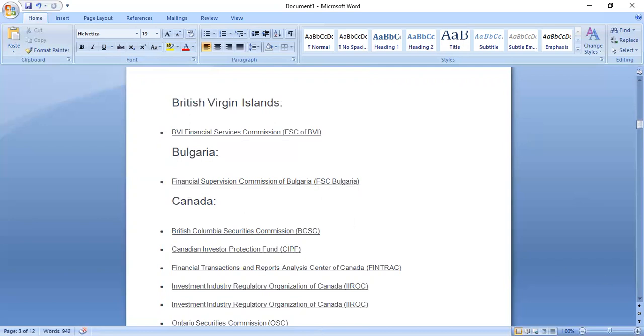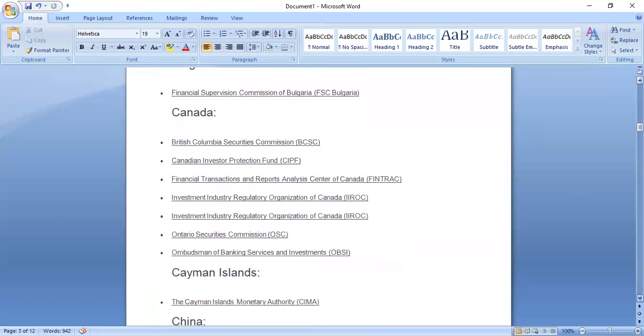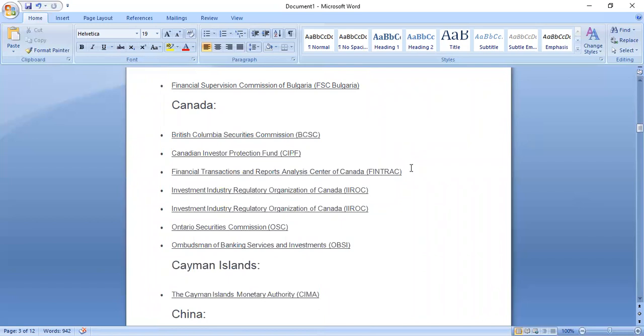When we go to Canada, we have a lot of them in Canada. So all the brokers in Canada should be regulated by these institutions: the British Columbia Securities Commission, BCSC; the Canadian Investor Protection Fund, CIPF; the Financial Transactions and Reports Analysis Centre of Canada, FINTRAC; the Investment Industry Regulatory Organization of Canada, IIROC; then we have the Ontario Securities Commission, OSC; and the Ombudsman for Banking Services and Investments, OBSI.